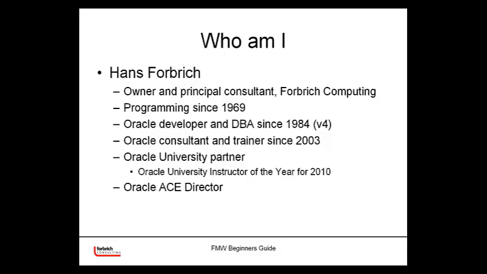I first started with computers in 1969 when I had the joy of front panel switch programming on a PDP-8i. Worked through many, many different computers, different operating systems, and started with Unix at that time, SunOS 0.8 in 1982, 83, and became involved with the Oracle product suite, in particular the Oracle database in 1984 when Oracle database was at version 4.